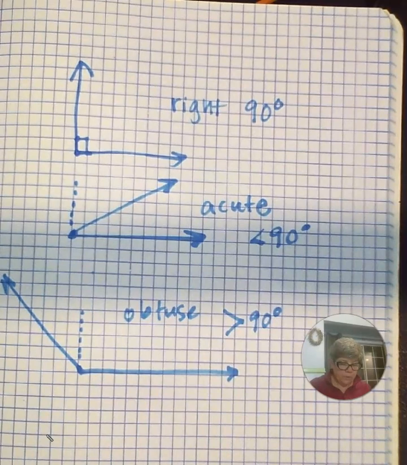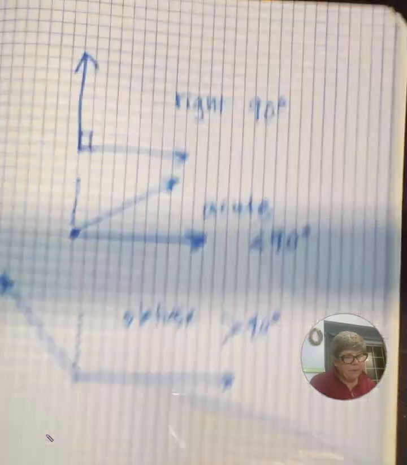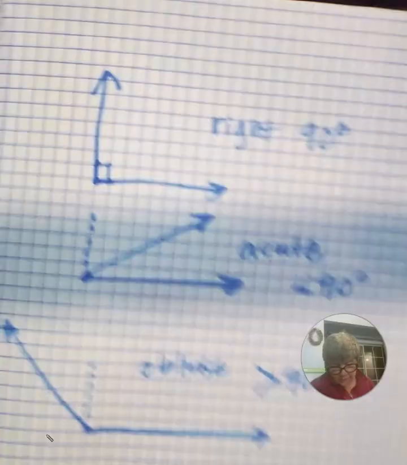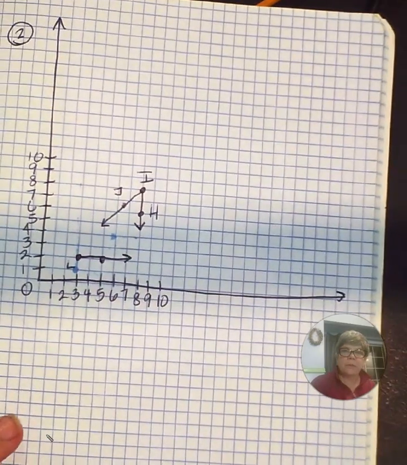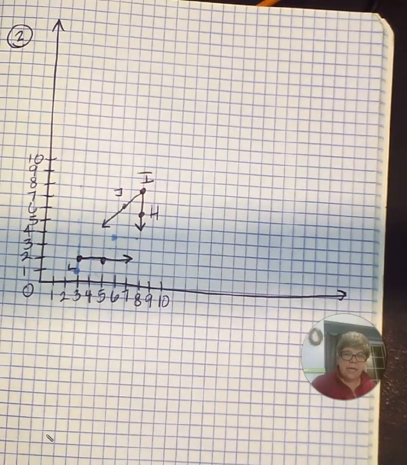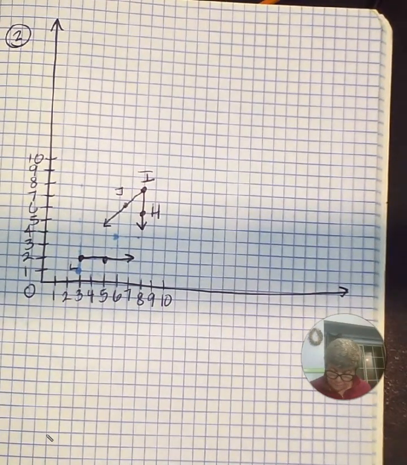And so when we have more, it's obtuse, and when we have less, it's acute. A cute little angle, right, is one way to remember it. Okay, so let's go to number 2 in your book, and let's look at an angle.